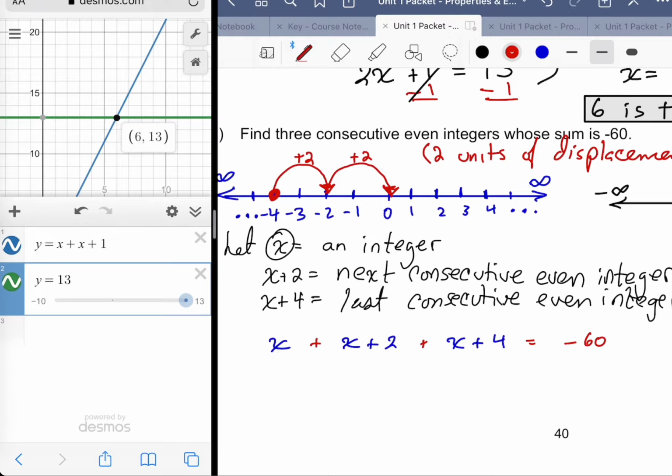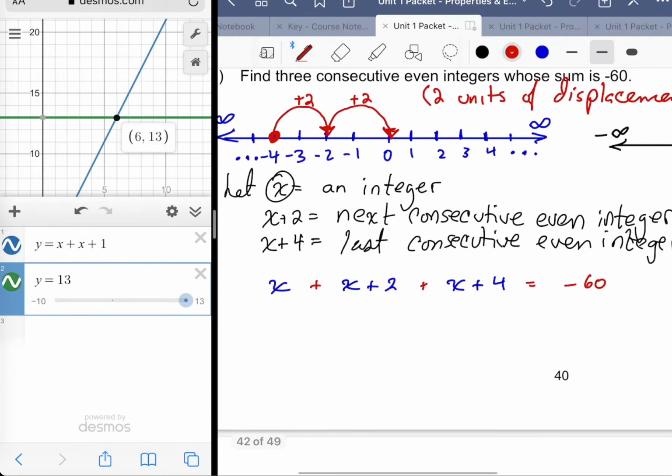Combine our like terms. I have 3 of those x's, so 3x. 2 plus 4 is 6. Whole thing is equal to negative 60.